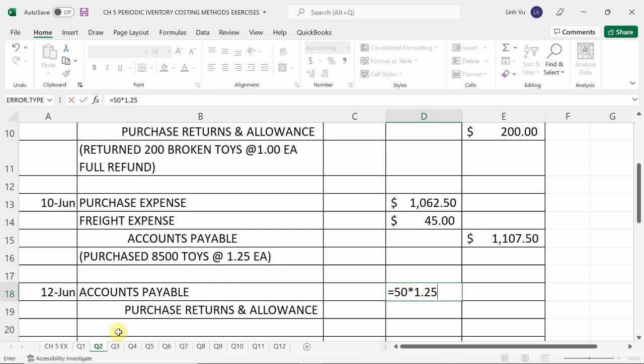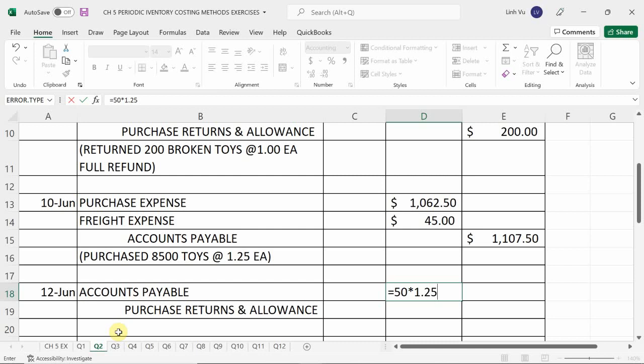So in this case, we're referring to the previous batch of inventory because, again, you wouldn't open up your first batch of inventory, wait until the 12th to figure out that you need to return it. So this is going to be assuming this is from the previous batch, because the rule of thumb is when you receive your inventory items, you should check all of them. All right, so here you go. We're going to take the 50 times the 1.25.